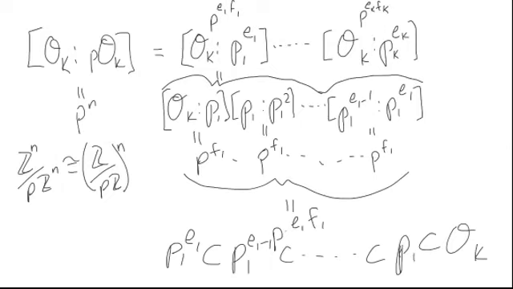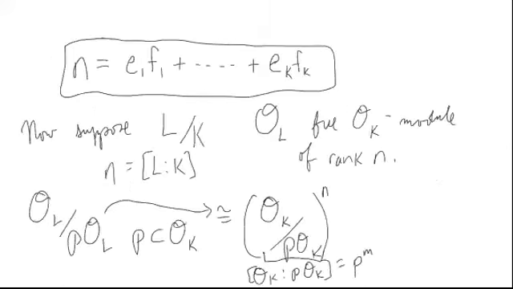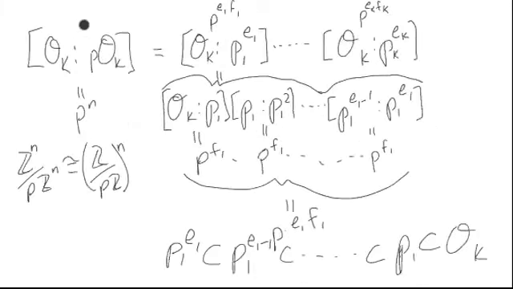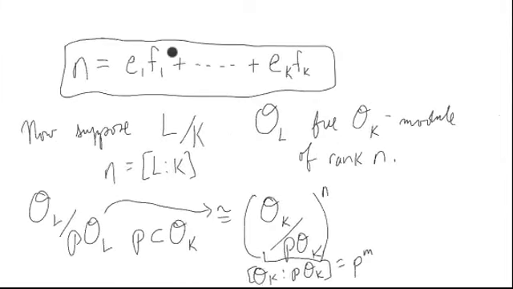And if we're looking at relating powers of primes, remembering that on this side this is P to the n, and it's equal to the product of these things, if we just look at the exponents and add them together and equate them here, we end up getting this relationship right here. So the product of these E1s and these guys, let's call these E's a name. Let's say it's the ramification index of one prime lying over another one.